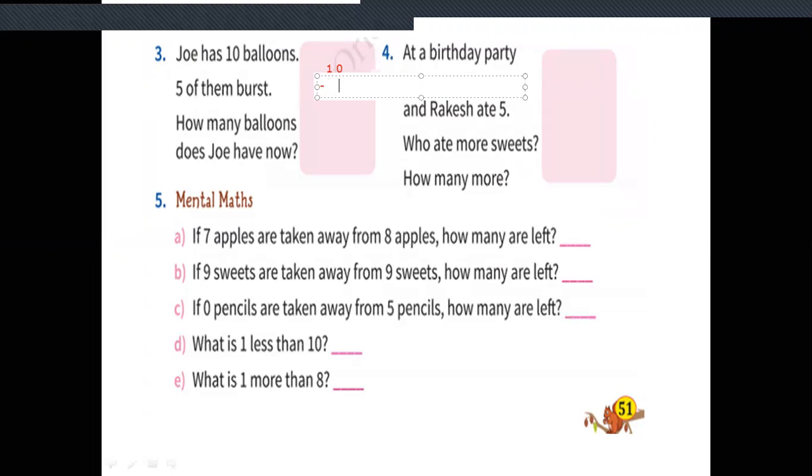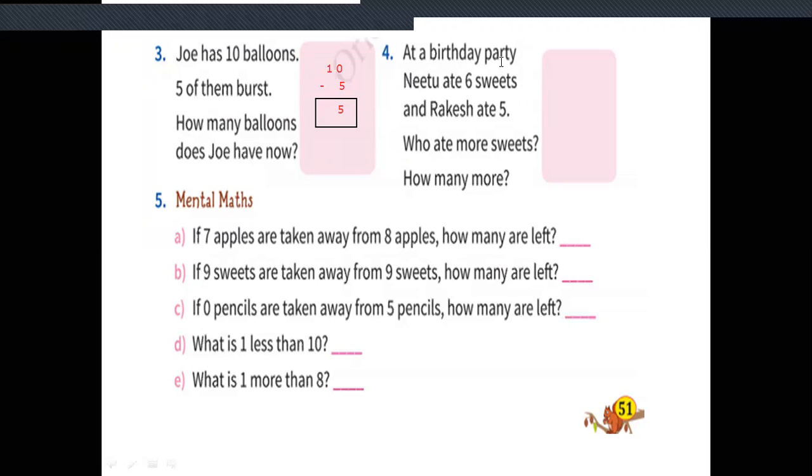So, what do you have to do? You have to subtract. 10 in your mind, 5 on your finger. Before 10: 9, 8, 7, 6, 5. So 5 is your answer. How many balloons does Joe have now? He has 5 balloons now.